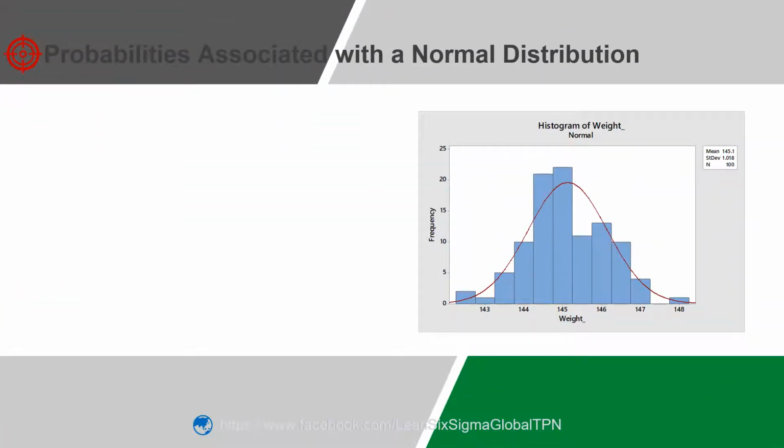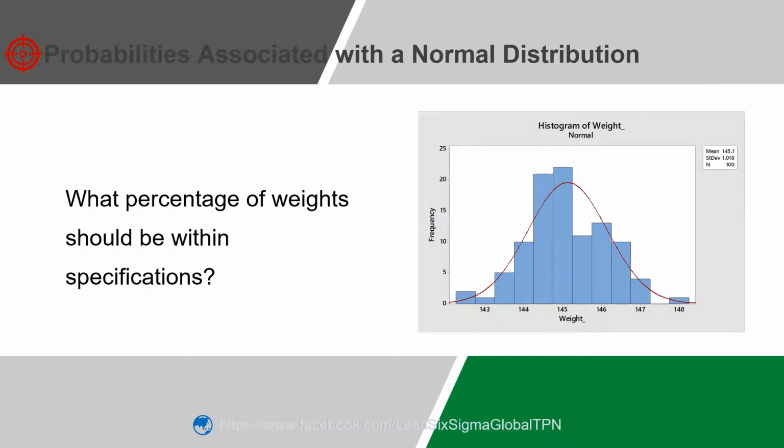Based on extensive data, the standard deviation of phone weight is estimated to be 1.018 if the distribution is normal with a mean of 145 grams. So what percentage of phone weight should be within specifications?